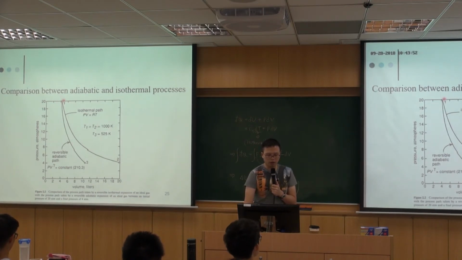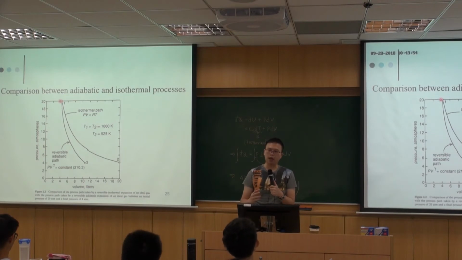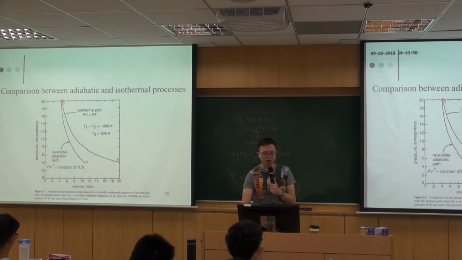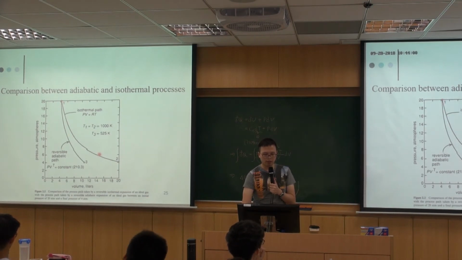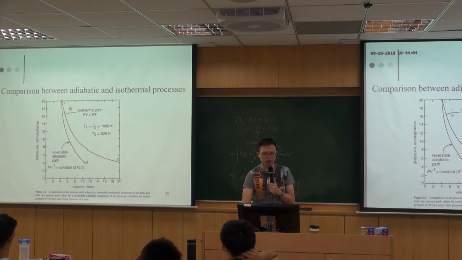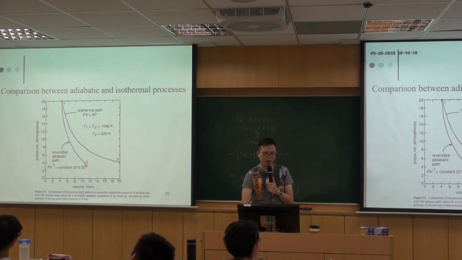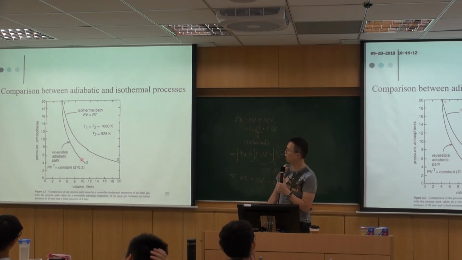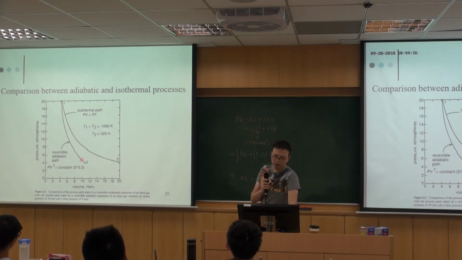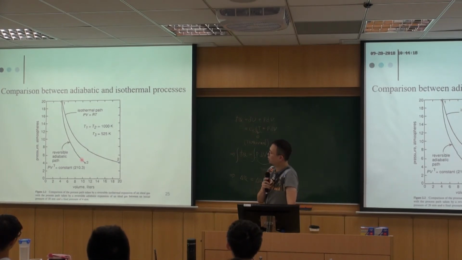If this system of gas goes through this isothermal process, typically the work done by this process will be greater compared to the adiabatic process, because you'll see that the line for the isothermal process is above the adiabatic process.